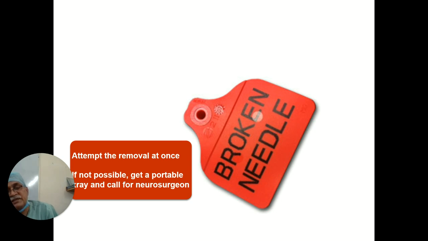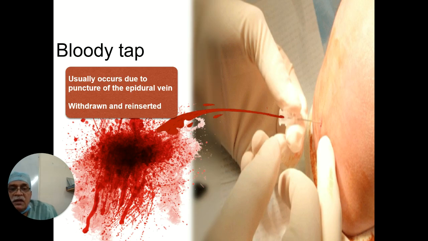With present day methods, broken needles are very rare. A blood tap in spinal anesthesia is likely to occur when, as you are puncturing, the ligamentum flavum must be entered and you must stop.